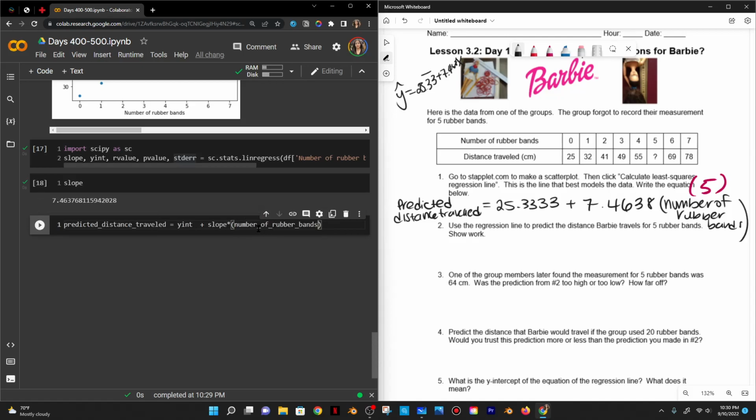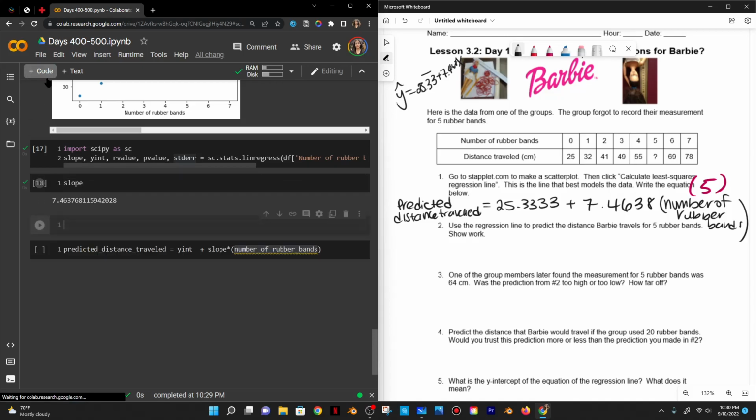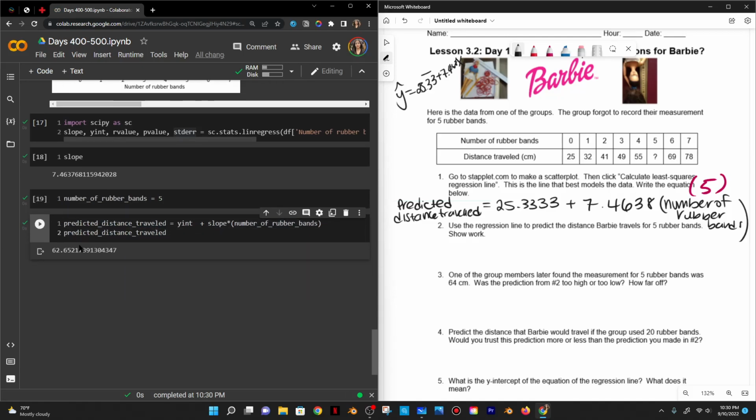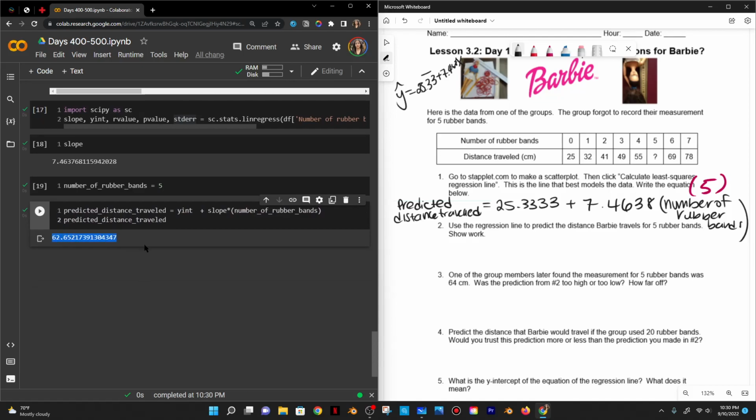And I'm actually going to make that a variable up in here, and set that equal to, in this case, 5. So I'm going to run that, run this, and then copy this real quick and paste that in here so it actually returns to me that value, which is 62.6522. And so that's my answer.